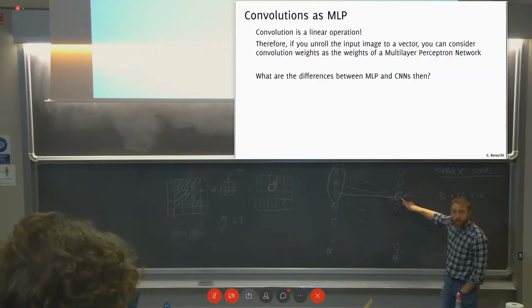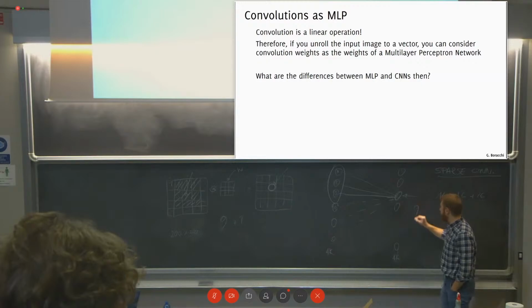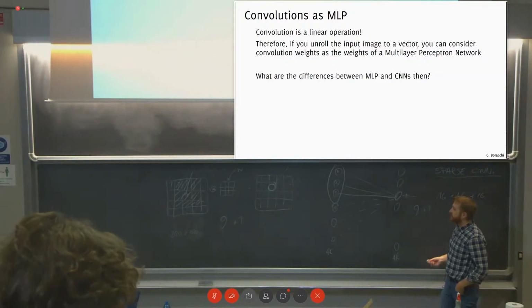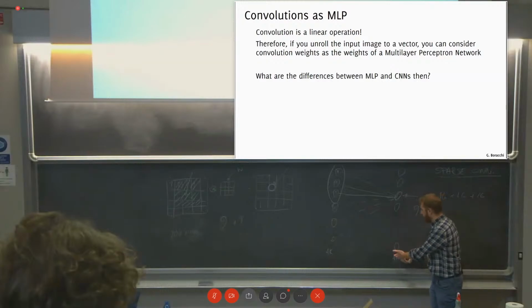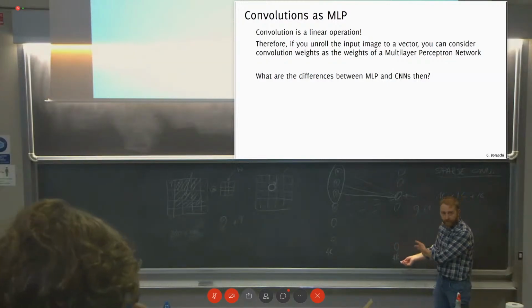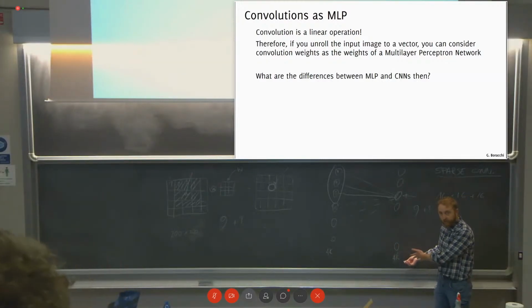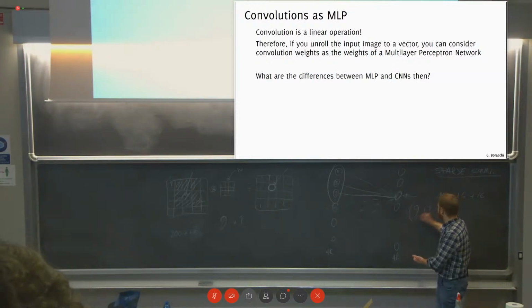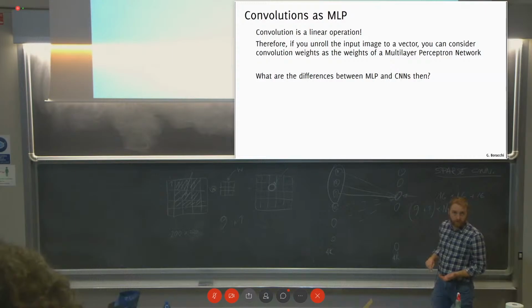But this is not the only thing, because if each output neuron would have 9 weights plus the bias, since I have 4K or 16 or whatever number of neurons in the output, I would have these times the number of neurons in the output.